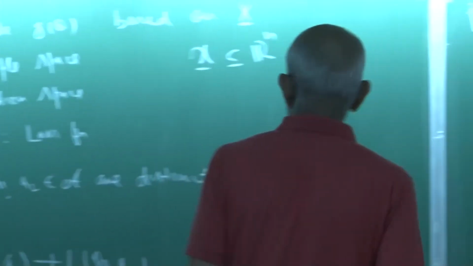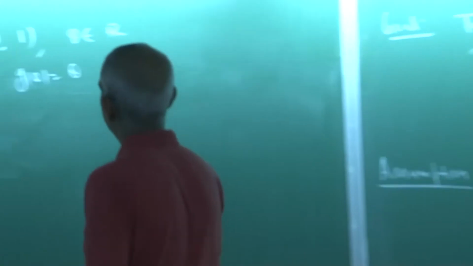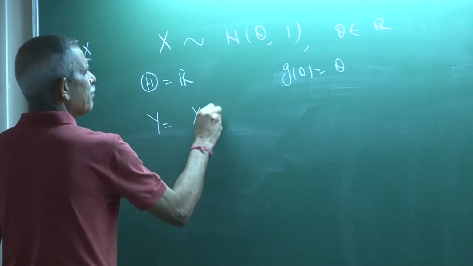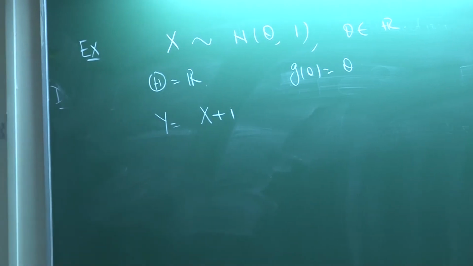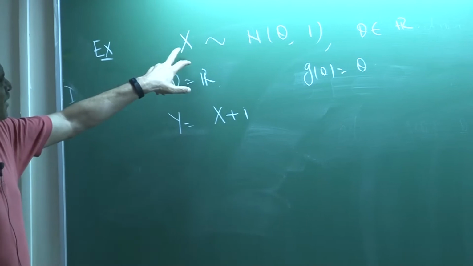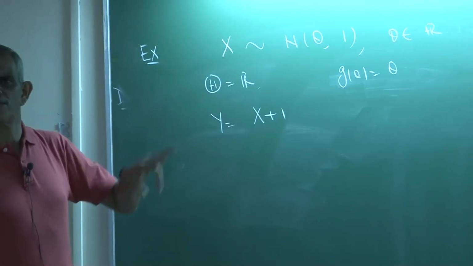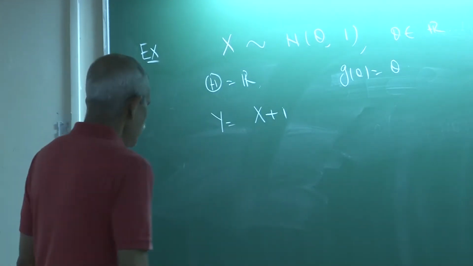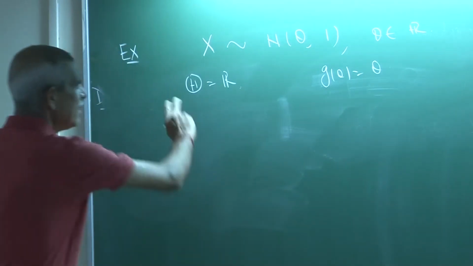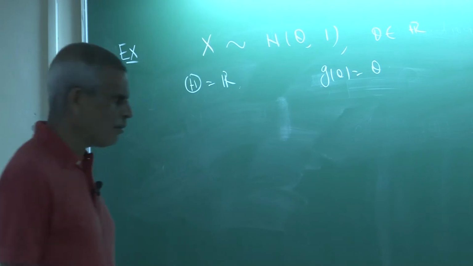Now, let us consider Y equal to X plus 1. So I made a certain transformation. Now, this transformation may be considered as changing the units of the original observation into something else. Before that, let me describe the whole estimation problem over here.